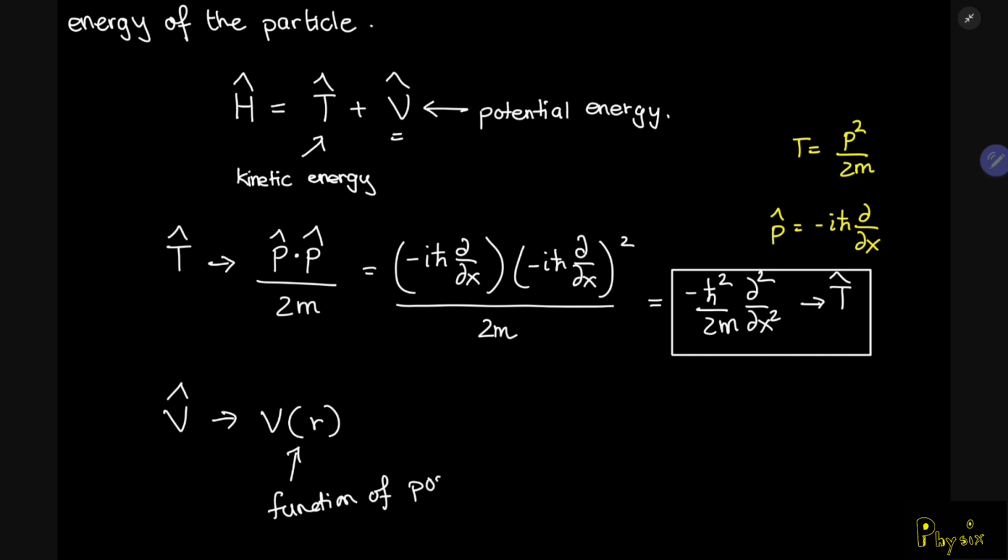All right. So now that we're done with kinetic energy and potential energy as represented with the Hamiltonian, let's recall the Schrodinger equation and how it looks.